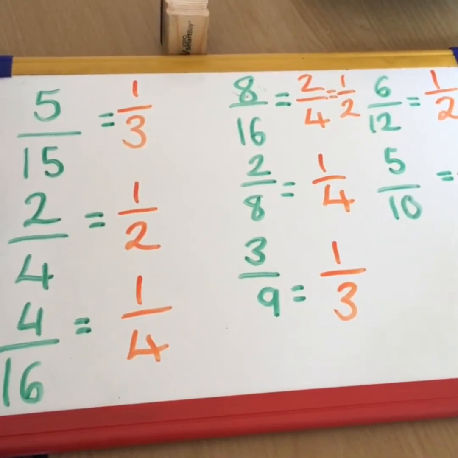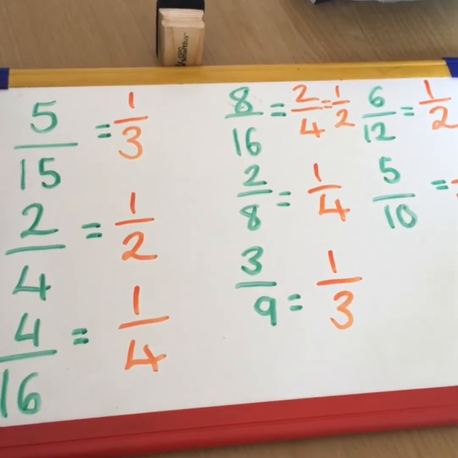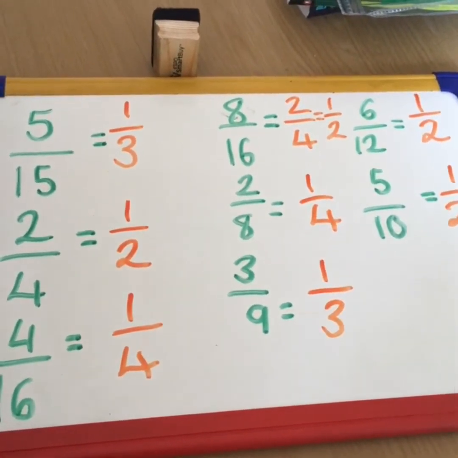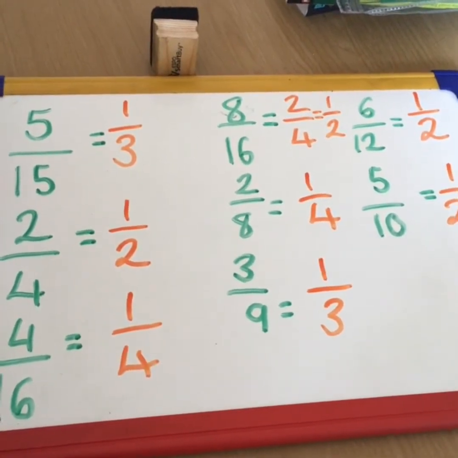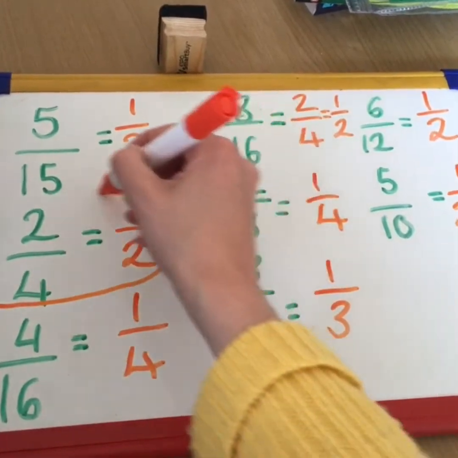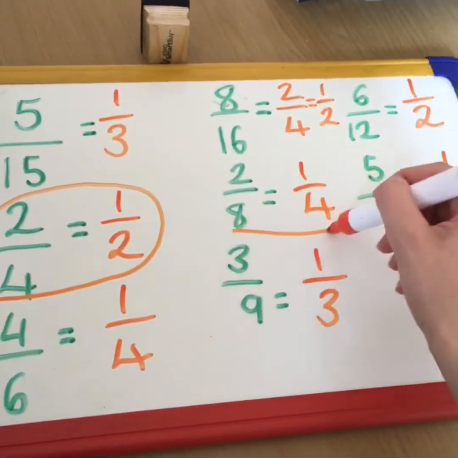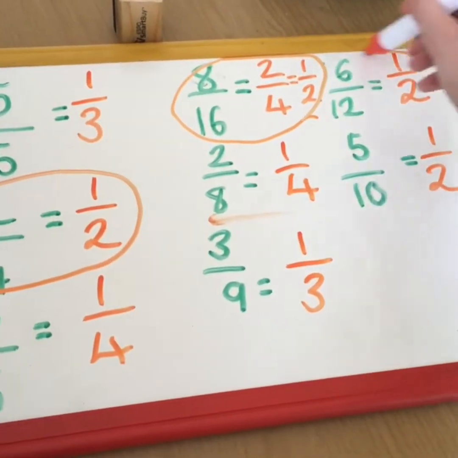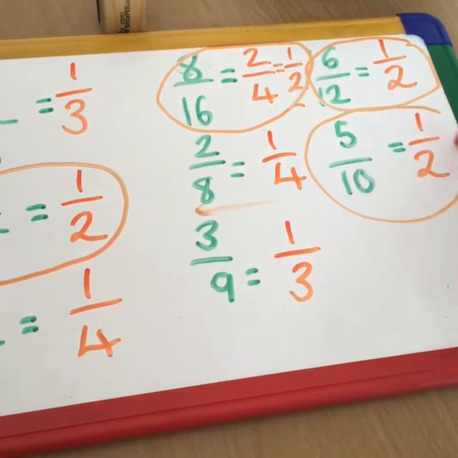Now, the questions underneath asked if you could see any patterns or any relationships between the numerators and the denominators and which column they'd been put into. So first of all, I want us to have a look at the ones that are equivalent to 1/2. So 2 and 4, not that one, 8 and 16, 6 and 12, 5 and 10.